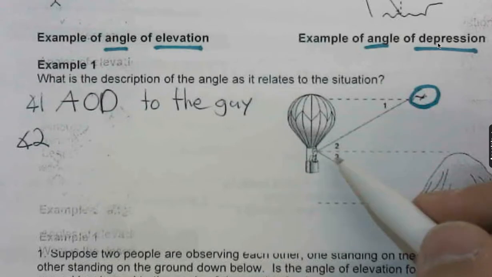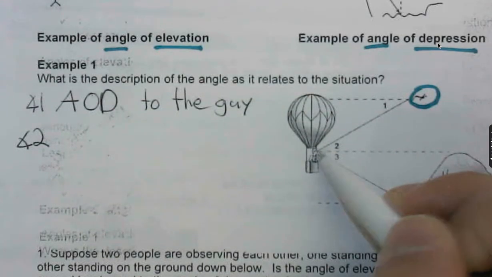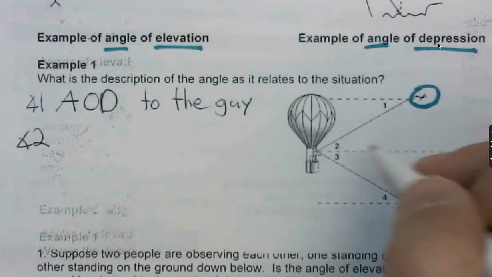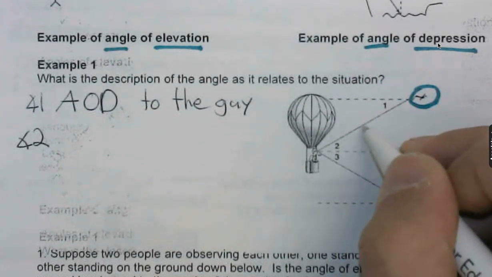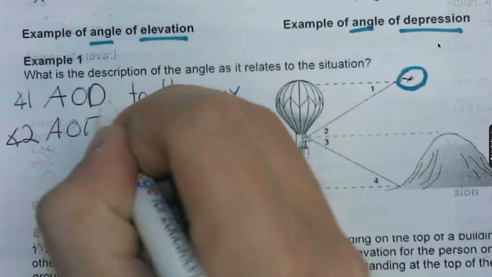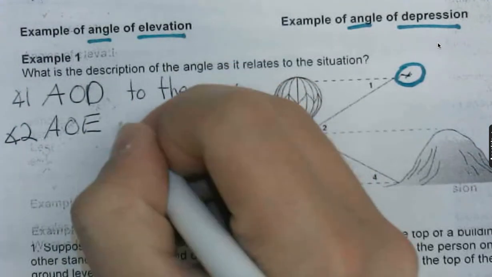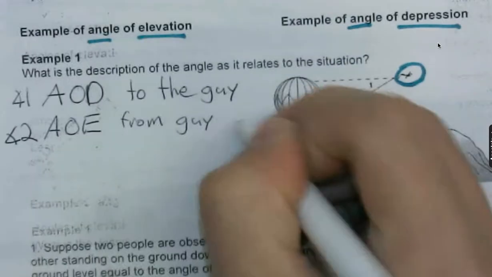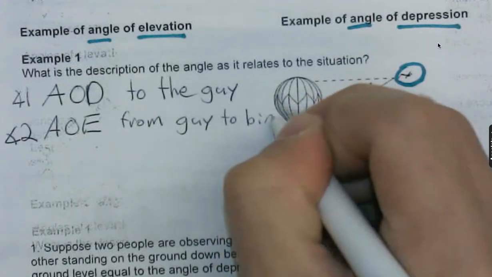Well, since we're now at the air balloon rider's perspective, we are looking up, so if we were to follow this line up, we would hit the bird. So we would say this is an angle of elevation because the bird's higher up, from the guy to the bird.